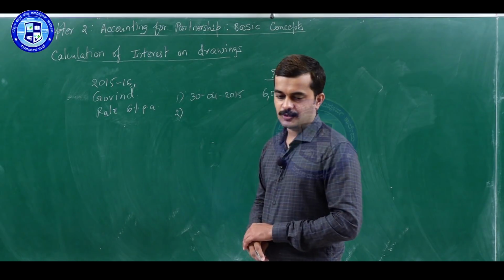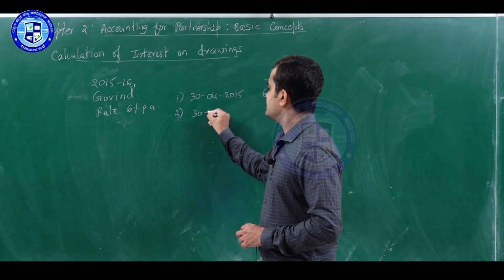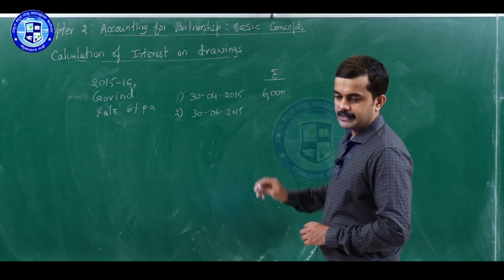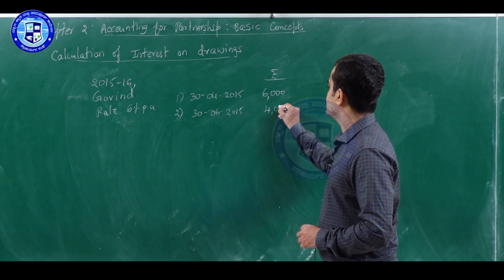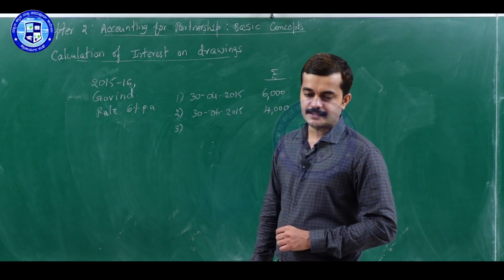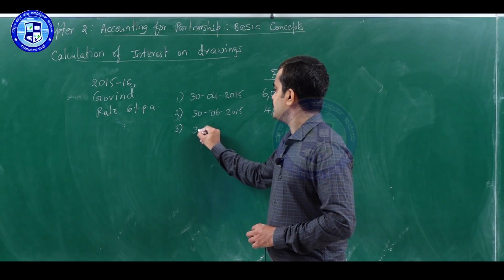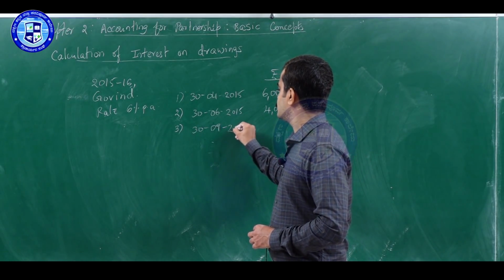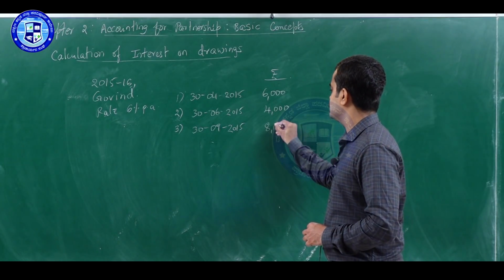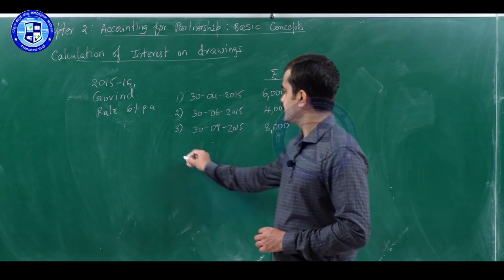Second drawing was on 30th June 2015 with an amount of rupees 4,000. Drawing number 3 was on September 30th 2015 and the amount was rupees 8,000.